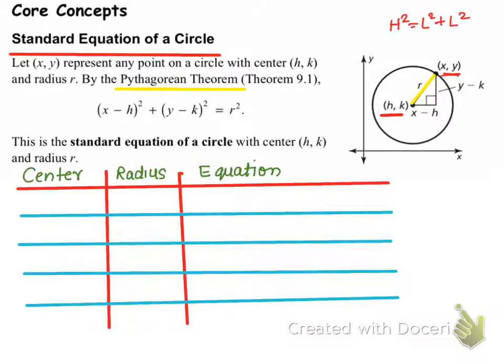Your hypotenuse is actually r, that's the radius. R square is, leg is what? X minus h. You can always imagine the distance: the x value here is h, and the x value at this point is x. So this distance is actually x minus h. If I want to know how long that is, that's going to be x minus h.